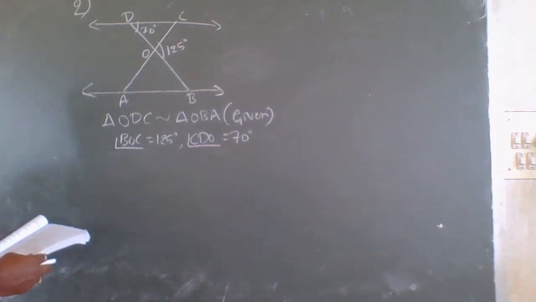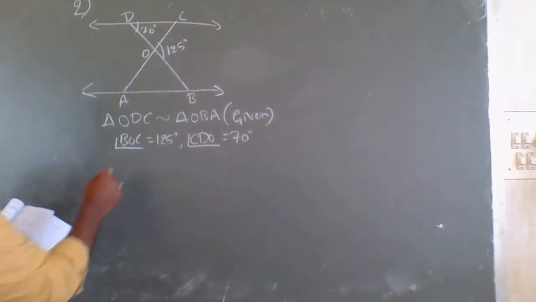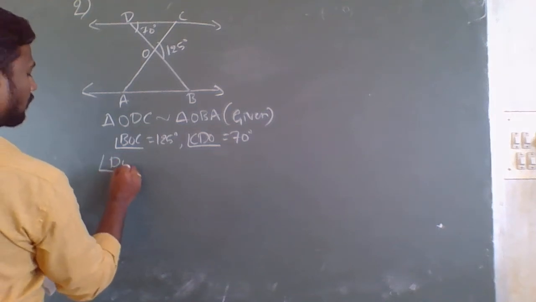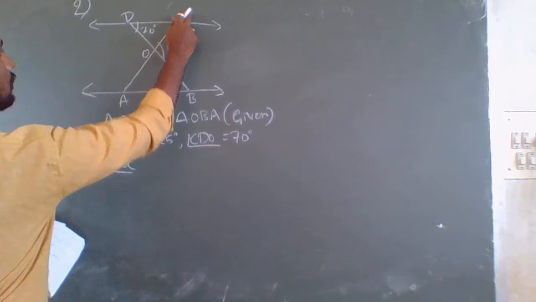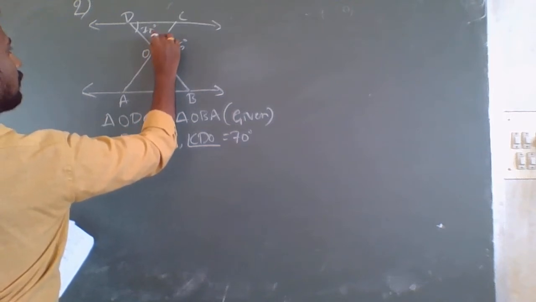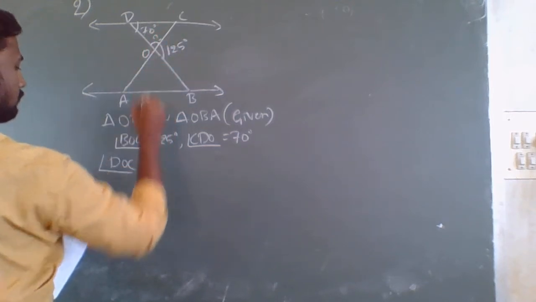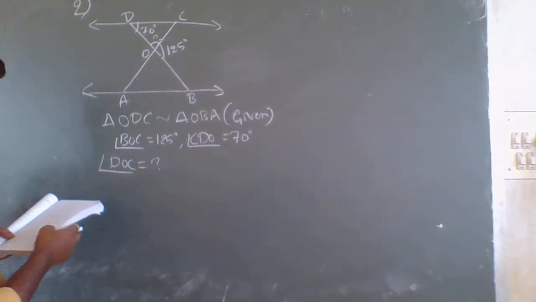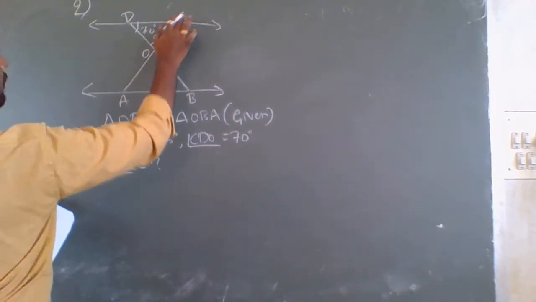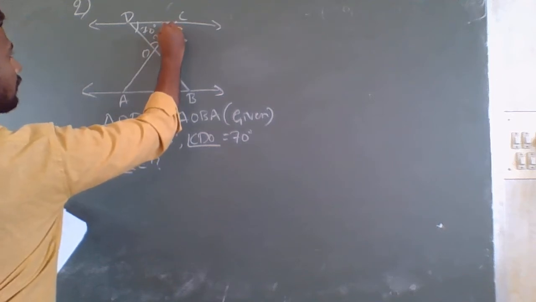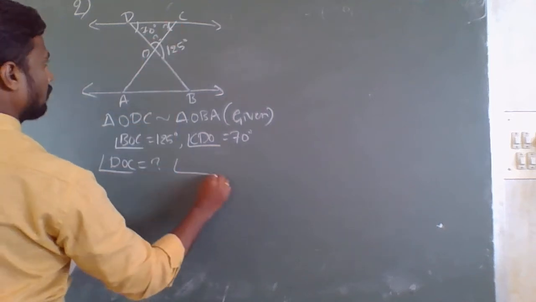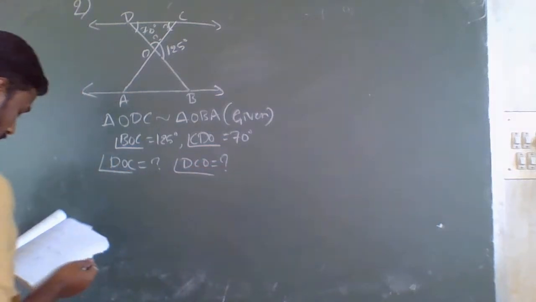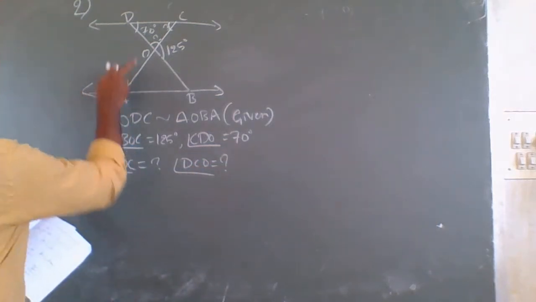Find angle DOC. DOC means this angle. Next, angle DCO. DCO means this angle. And OAB.